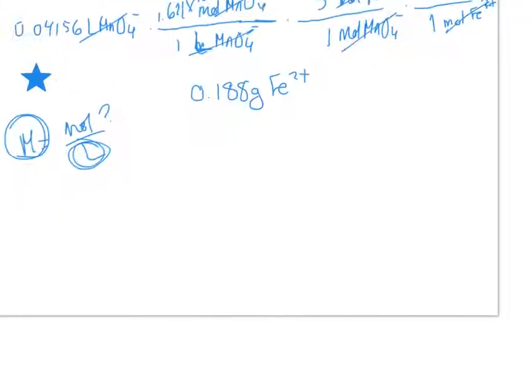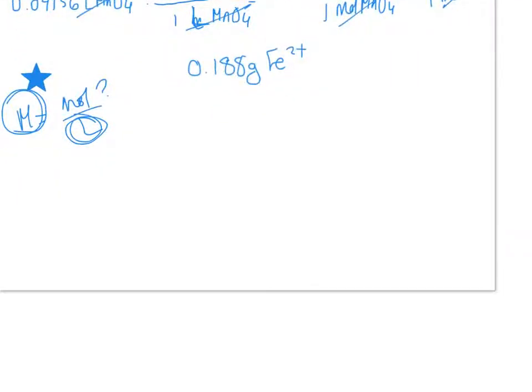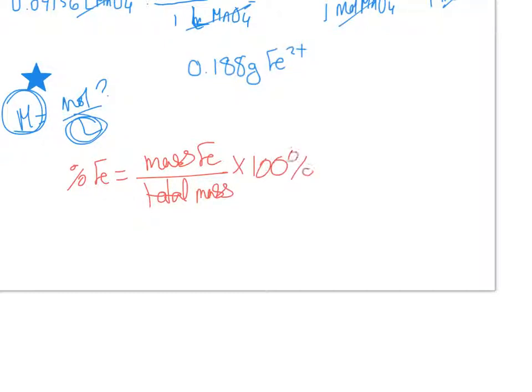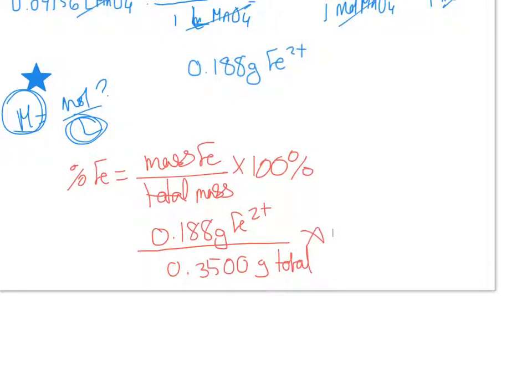So let's do that down here. Percent Fe is equal to mass of Fe over total mass times 100%. So we got 0.188 grams of Fe2 plus divided by 0.3500 grams total times 100%.